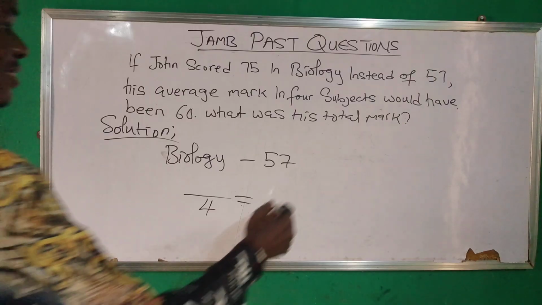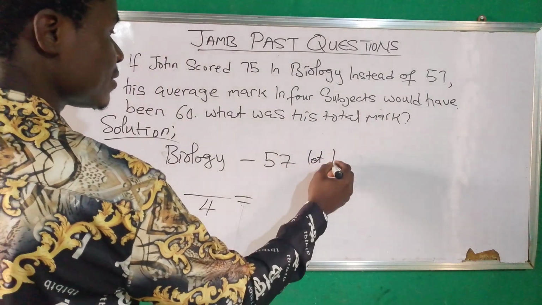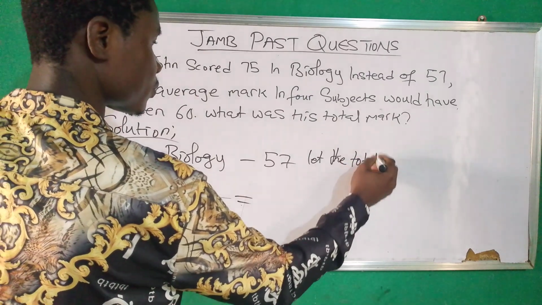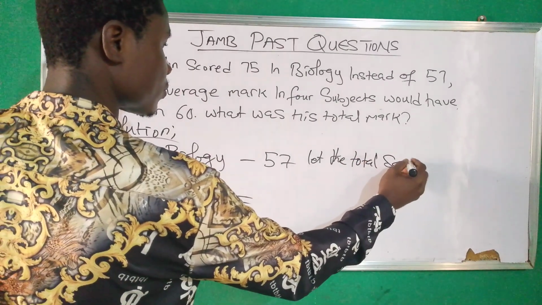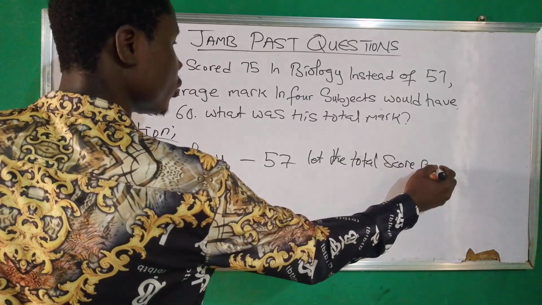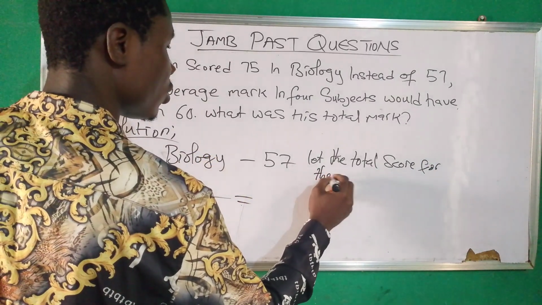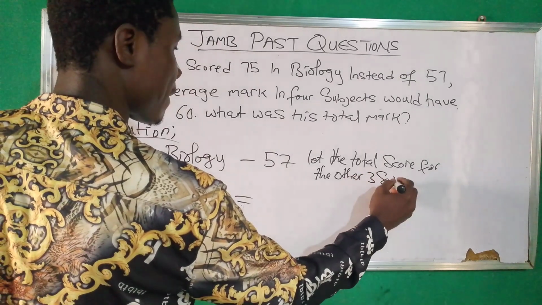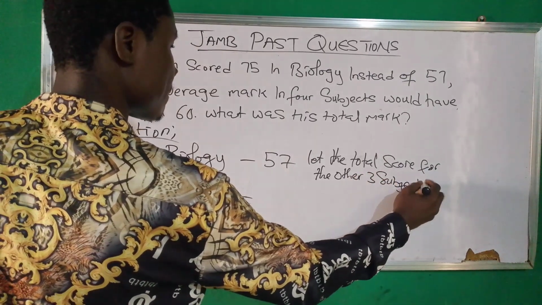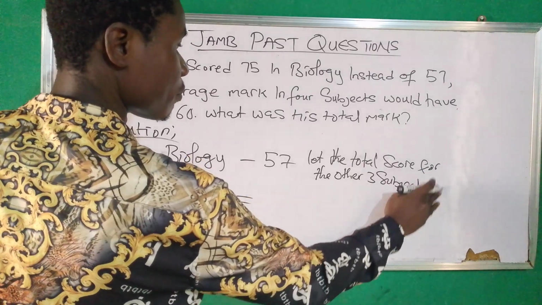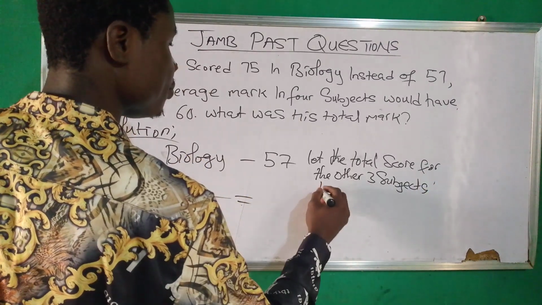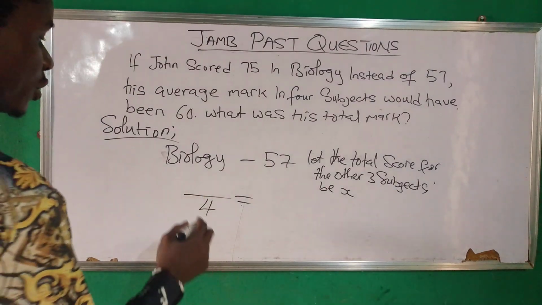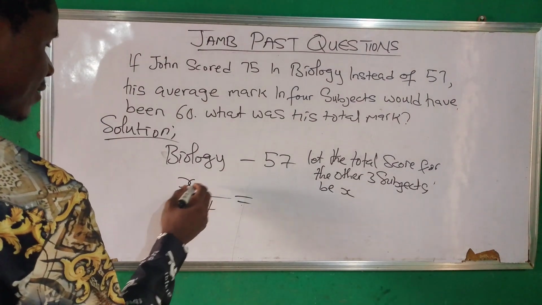So let's say that let the total score for the other 3 subjects be X. Alright, so his total score for the other 3 subjects is X.